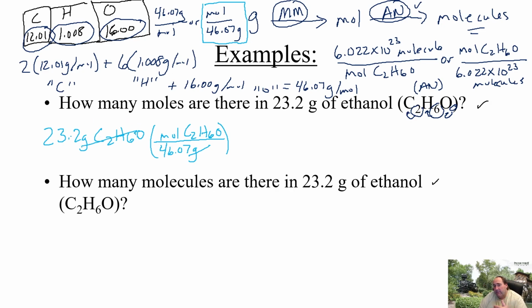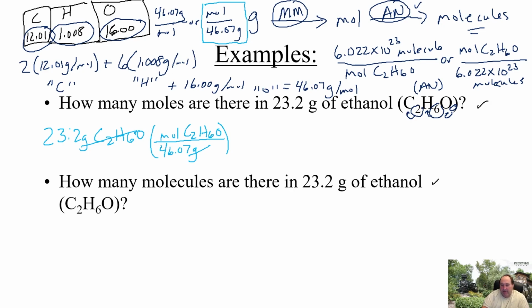Now, because we are looking for an answer here, we're not going all the way to molecules. We are eventually, but we actually do want how many moles there are. We're going to get the answer here by taking 23.2 and dividing it by 46.07.